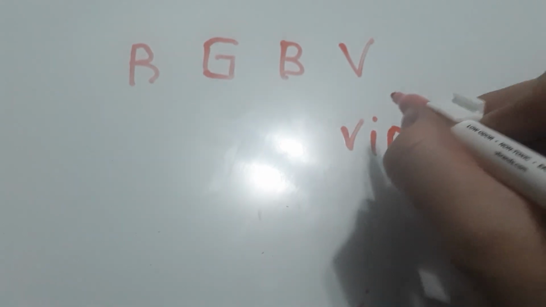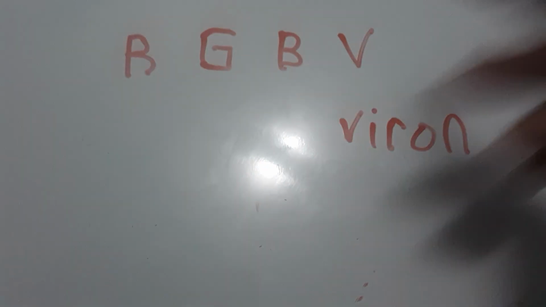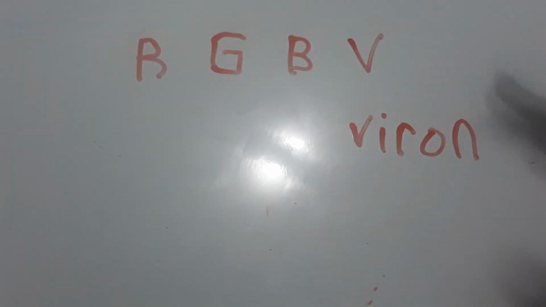Let's call it Viron. So the fourth color is Viron. So you have 4 colors here. Okay, 4 is a multiple, one of the many divisors of 12.